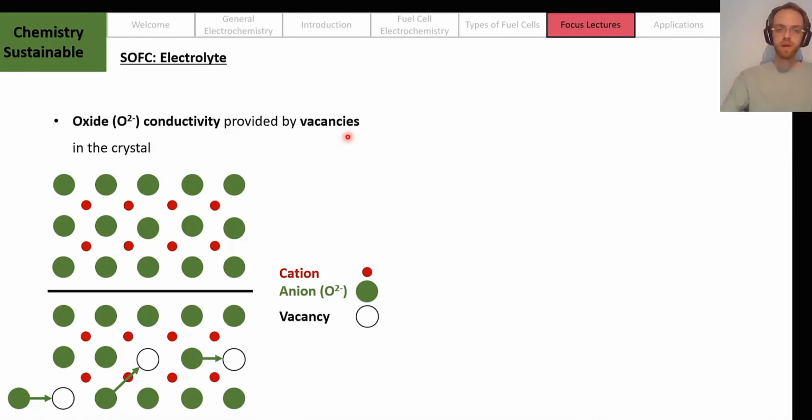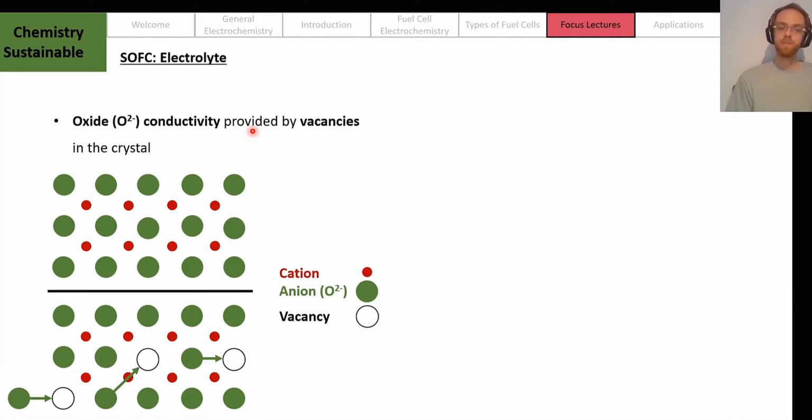The electrolyte itself is, as I already said, an oxide ion conductor, so oxide O2-, and it is provided by vacancies in the crystal. So what does that mean? Let's just assume we have a crystal of our electrolyte. What is a crystal?